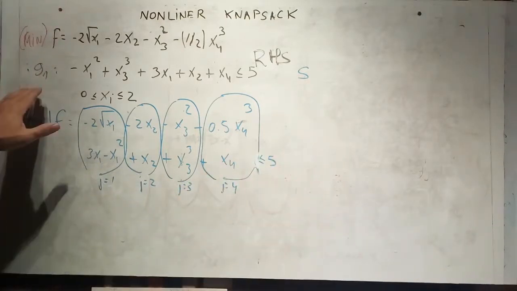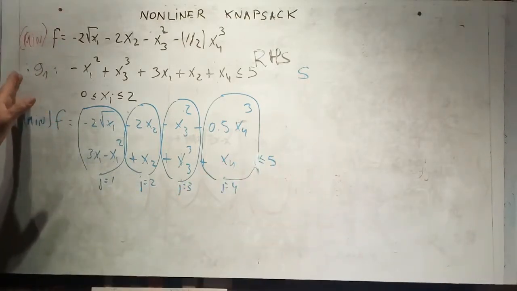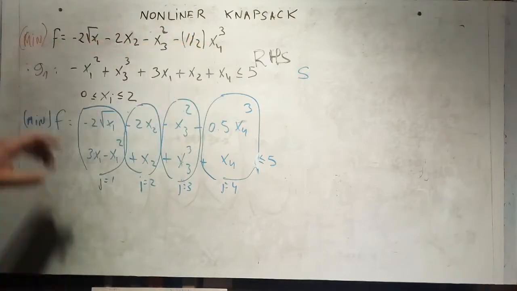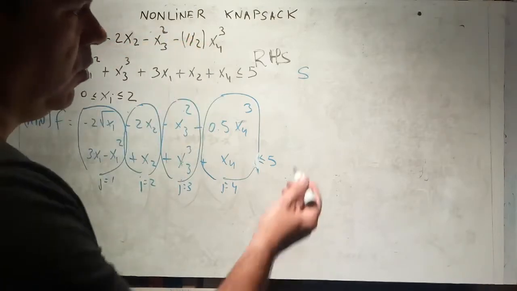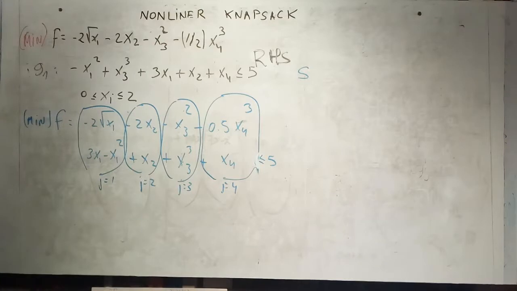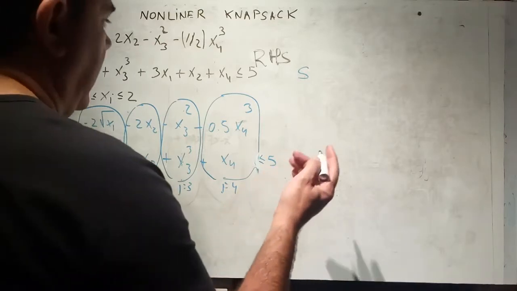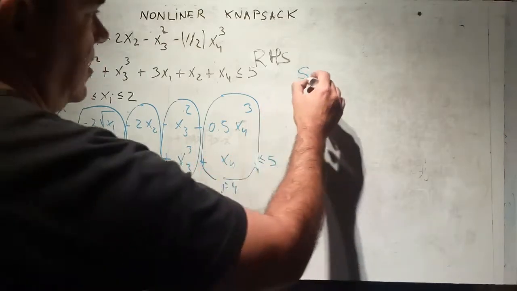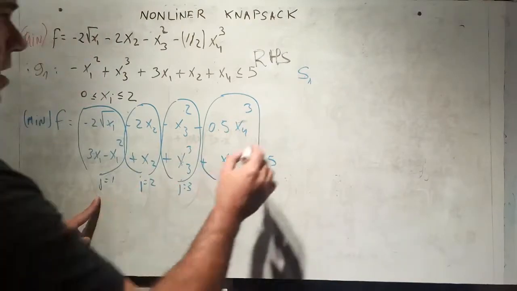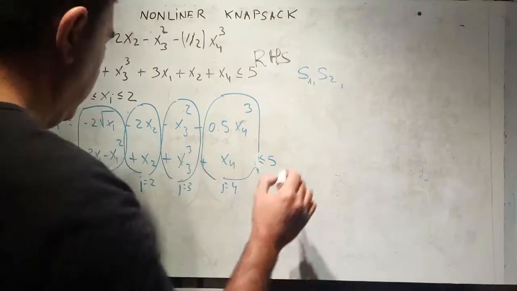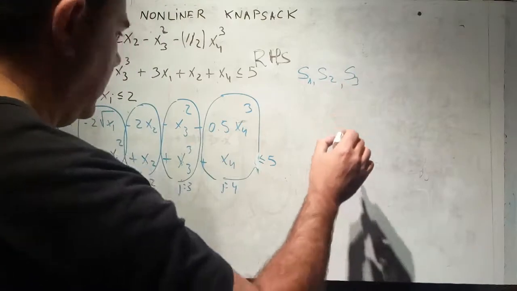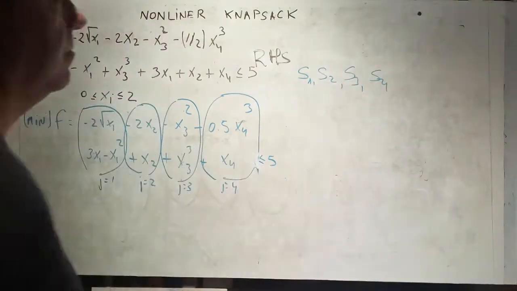But at this moment, I've chosen a simple problem. We only have one constraint, so we only have one state variable. But this state variable has 4 stages: S1 for j being 1, S2 for j being 2, S3, and S4.